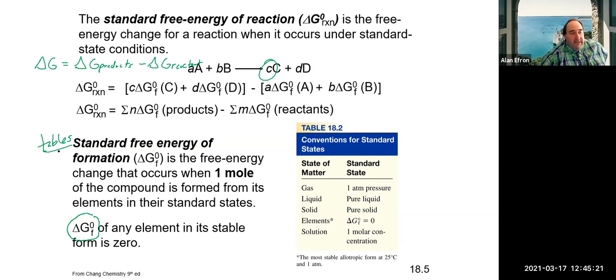And just like delta H, things in their standard state will also have values of 0. On the table here on the right, it indicates what we mean by standard states. Things are 1 atmosphere in terms of pressure. If we're dealing with concentration, it is 1 molar. And temperature is typically 25 degrees Celsius.